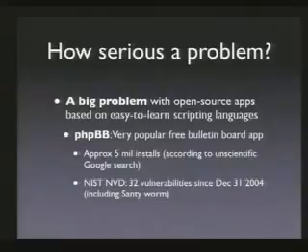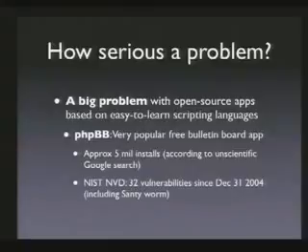So how serious is this problem? It's a really big problem with open source apps that are based on easy to learn scripting languages. In the last 6 months, one that has been extremely problematic is PHP BB, a very popular free bulletin board app. You'll see PHP BB on a lot of websites for people who are trying to put together communities.